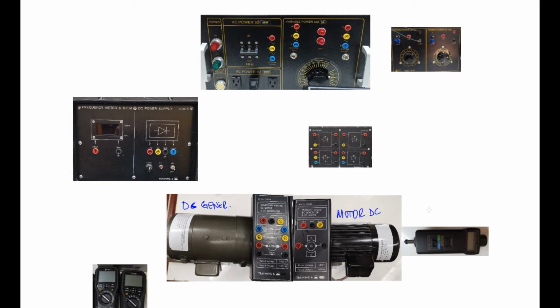We'll be using a tachometer to measure the speed of our system, generator or motor. So we need the tachometer. This is a portable tachometer. Also, we have a fixed tachometer, which is this equipment here.